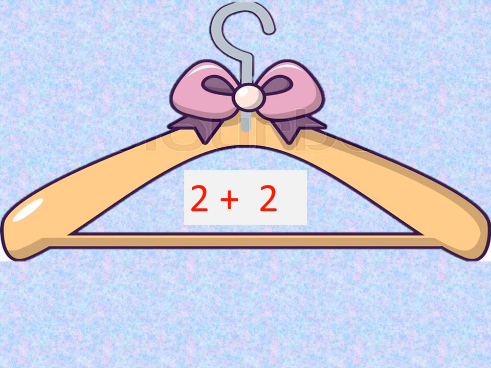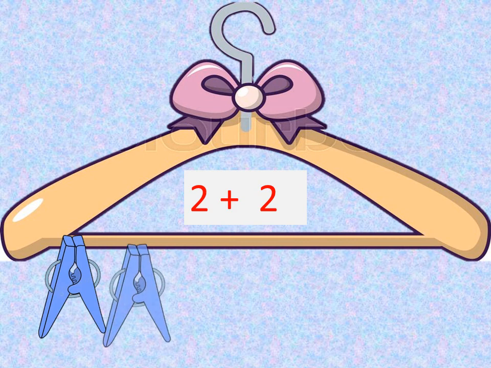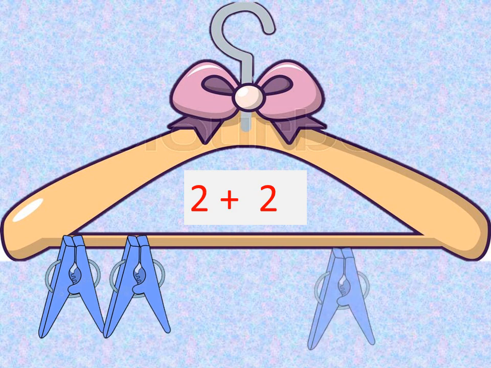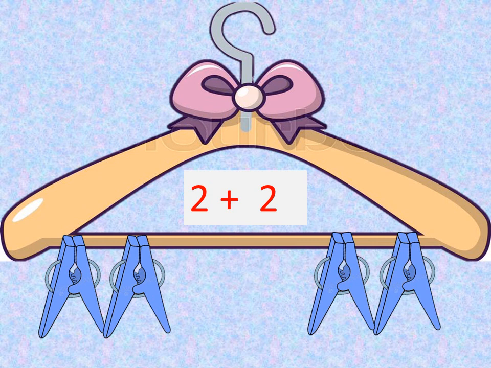You can take the hanger and clip the pegs this way. 2 pegs to one corner, another 2 pegs to another corner. Then how many pegs are there all together? There are 4 pegs. Like this, you can do addition with the help of this clothes hanger and pegs.